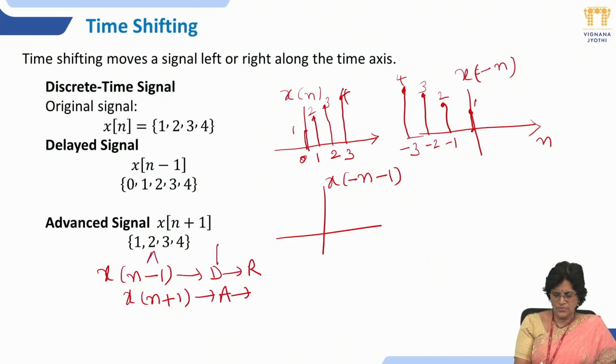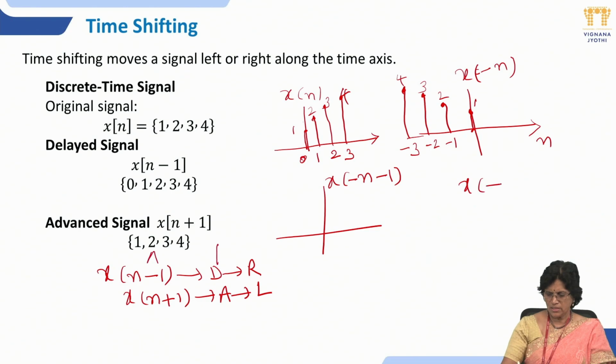Advance means shifting towards left by that many number of units. But when you are considering mirror image signal, the concept is a little bit reverse. X of minus n minus 1, in the previous case it is delay, now it is advance. Whenever it is advance, always shifting towards left.